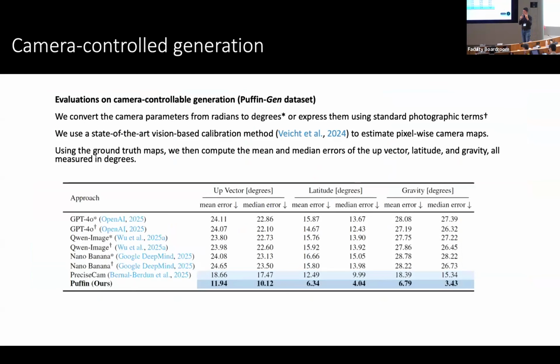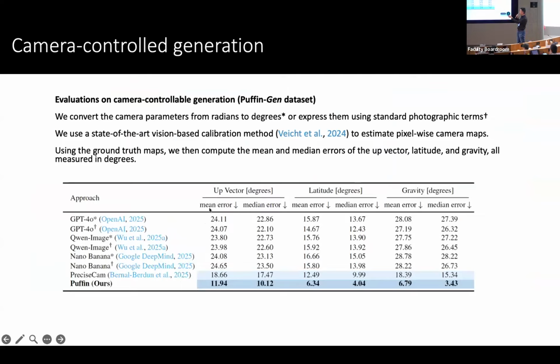The next thing we do is to measure the performance of different generative models for camera control generation. We compare with contemporary methods, including GPT-4o, Qwen, and NanoBanana, and also PreciseCam, published in CVPR this year.